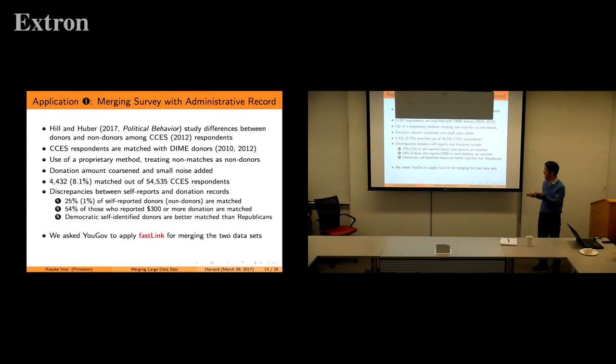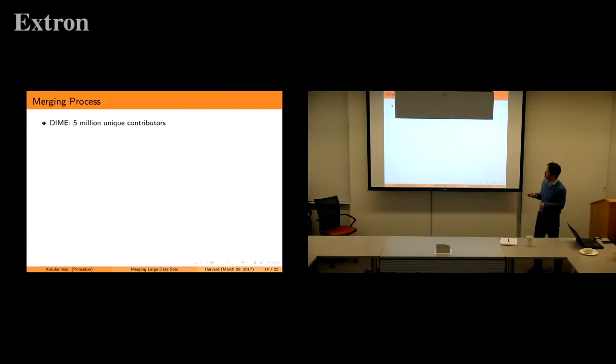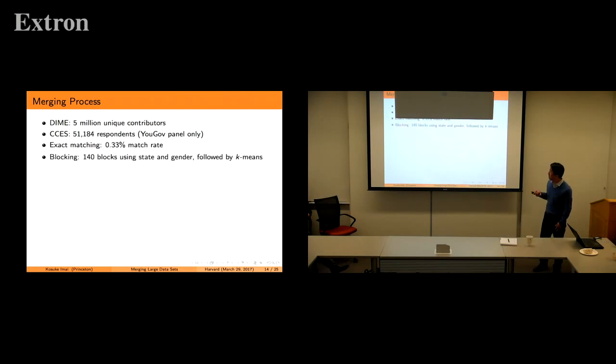So we basically asked YouGov, the company that runs the CCES, to apply our algorithm to see what happens. The matching process involved 5 million unique contributors and 51,000 respondents. If you do an exact match, you only get a 0.33% match rate. So exact match is a bad idea.